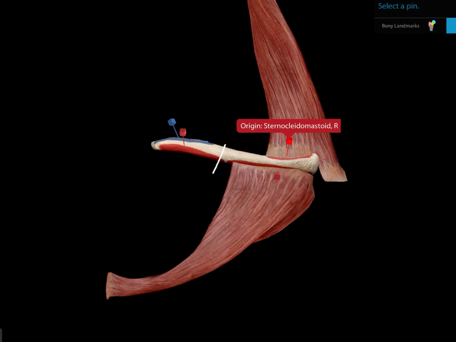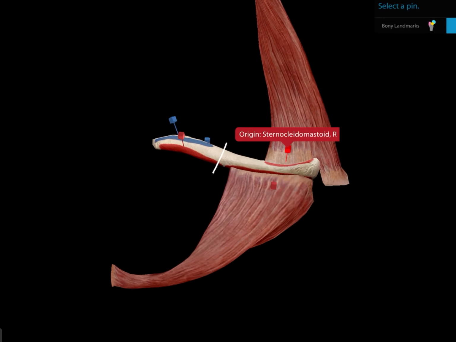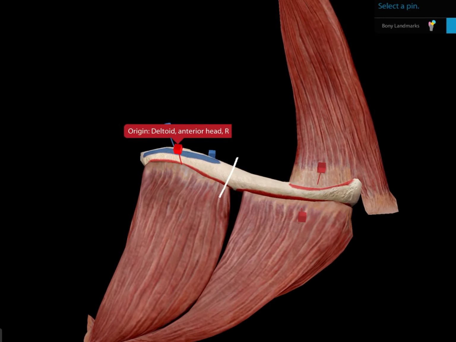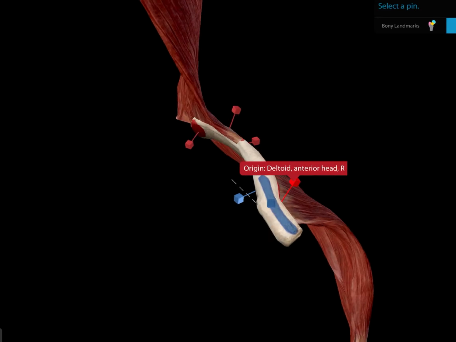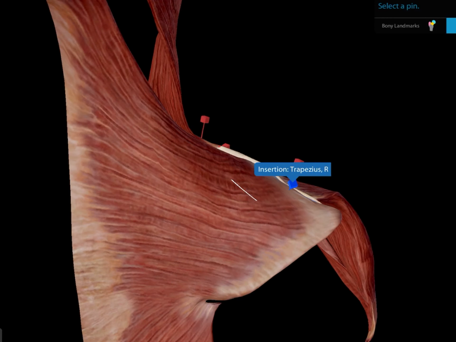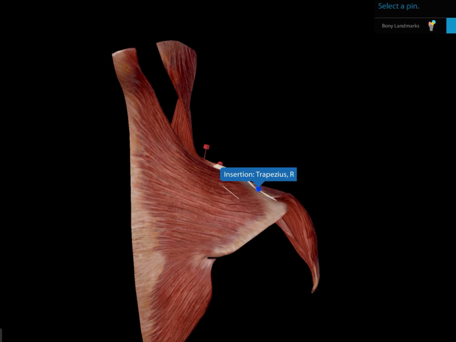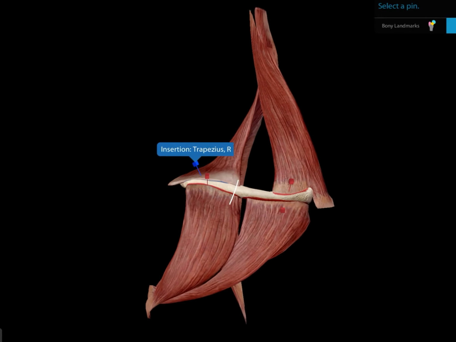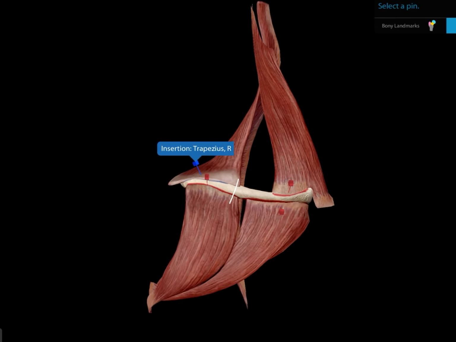Now laterally, anteriorly, you have the clavicular fibers of the deltoid, and posteriorly, the insertion of the fibers of the trapezius. Let's see what that looks like. I hope you can now start forming the entire right aspect of the human form.